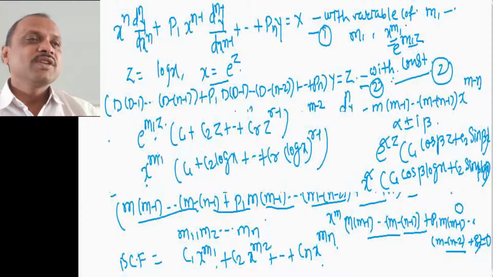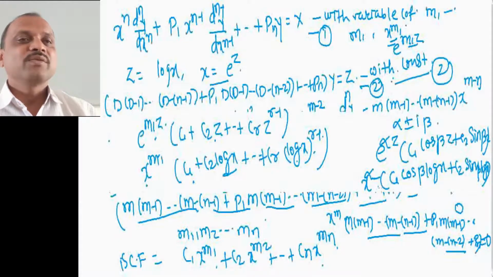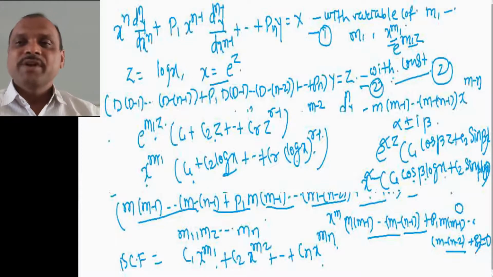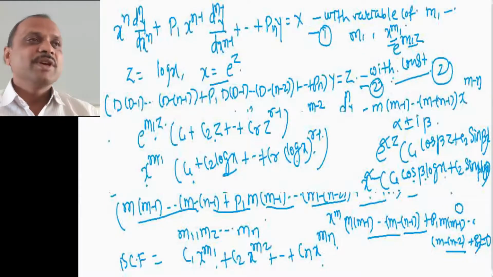When m1 is repeated, we have x raised to m1, then c1, and instead of z we have to write log of x, up to log of x raised to r minus 1. And when roots are imaginary, we have to write x raised to alpha into c1 cos of beta log x plus c2 sin of beta log x. So this is about the complementary function where the roots are repeated and imaginary.